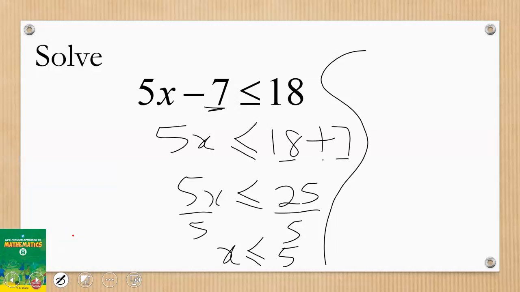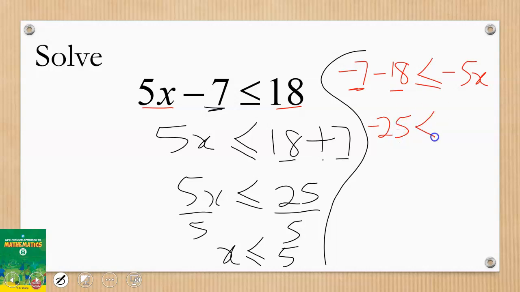The person chooses to keep negative 7 here, move this 18 to become minus 18, bring the symbol, and move this to become negative 5x. It's possible somebody can do this. Now, when we do negative 7 minus 18, that will give us negative 25, less than or equal to negative 5x.